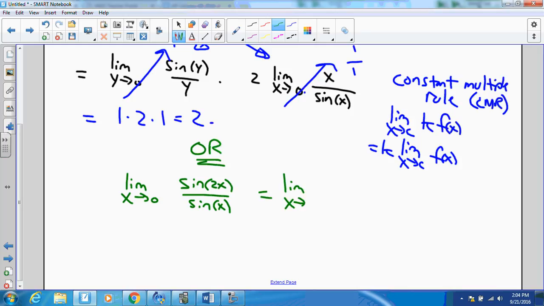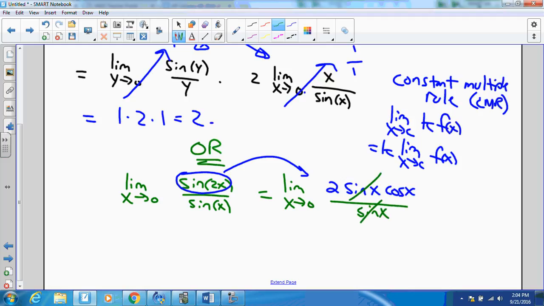We can pull out our double angle identity for sine 2x and replace sine 2x with what it is, which is 2 sine x cosine x. And lo and behold, we do that. Yay! And now as x goes to 0, cosine x goes to 1 times 2, which is 2.